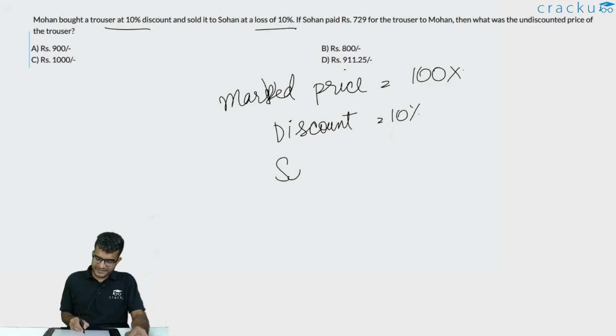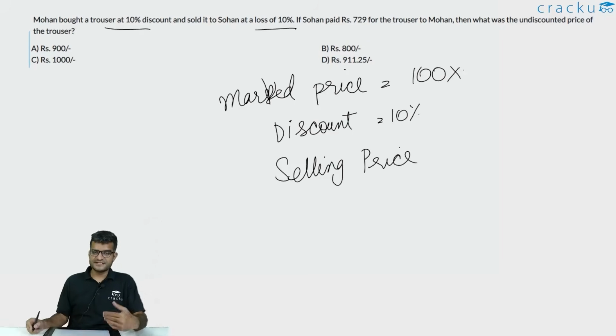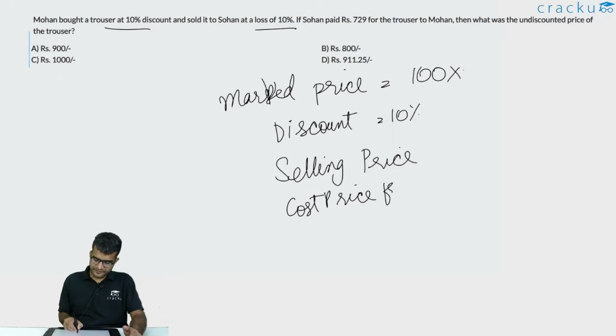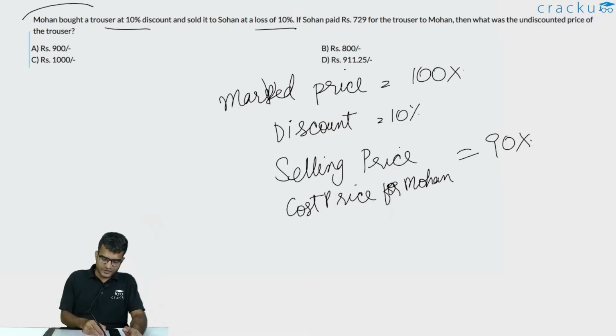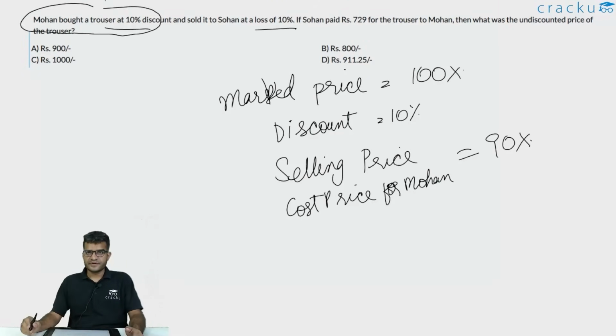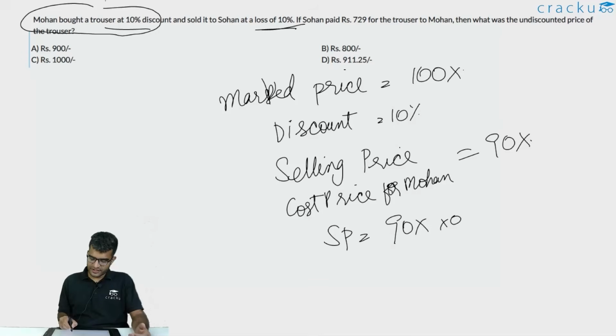Therefore, the selling price for the person who is actually selling this, which will essentially be the cost price for Mohan, is equal to 90x. This is what Mohan bought the trouser for. And then he sold it at a loss of 10%. So the selling price at which Mohan sold it will be 90x into 0.9, which is equal to 81x.